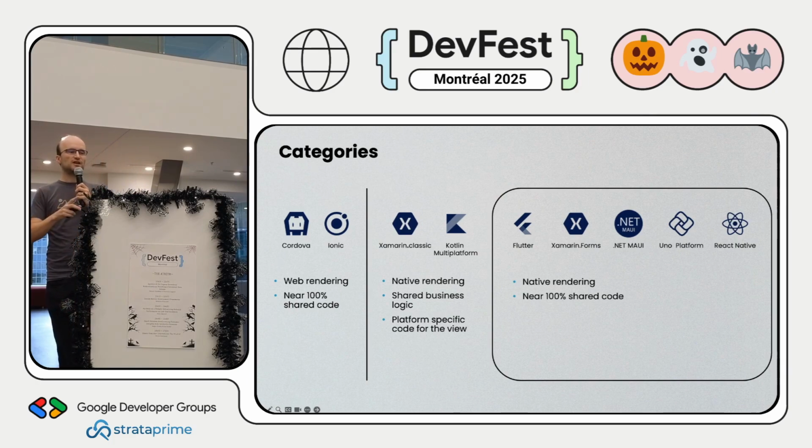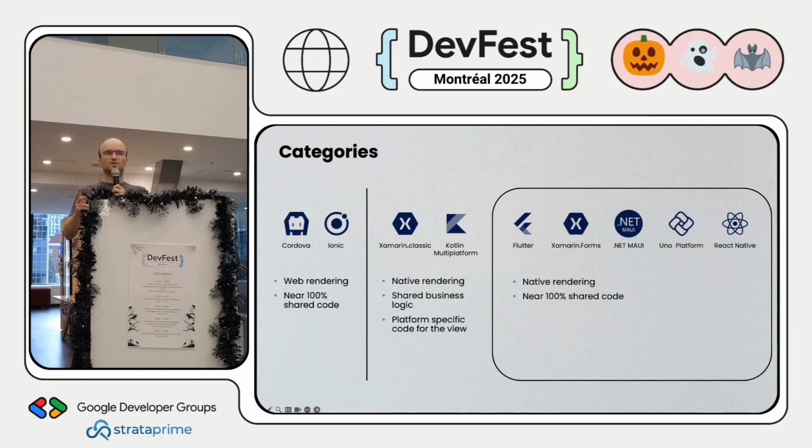Then in the middle, we have Xamarin Classic, Kotlin multi-platform. Those frameworks let you share half of your code, so the business logic, like doing your HTTP calls with your servers and all that is shared, but you're building native views for each. So you're building a view on iOS with iOS code, and you're building the views on Android with Android code.